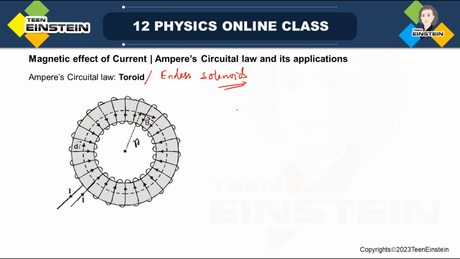If you take a solenoid with all the turns like this, and you bend it, if you have a long solenoid and bend it in the form of a ring like this, you will get a toroid, or toroidal solenoid, or endless solenoid.